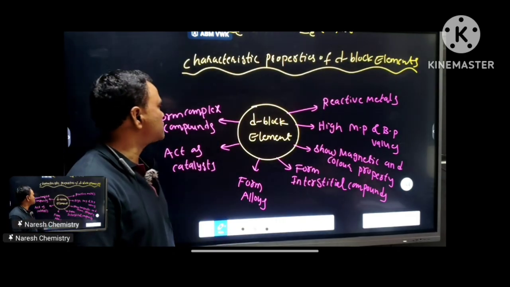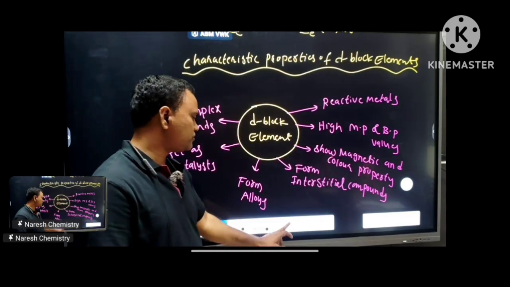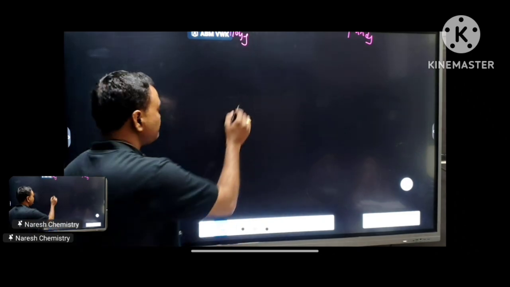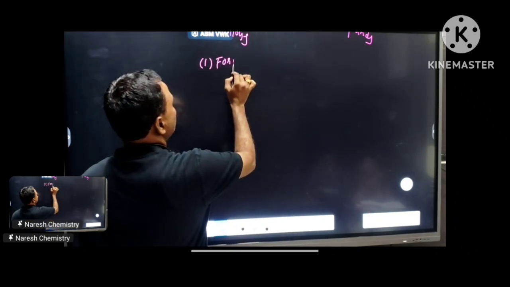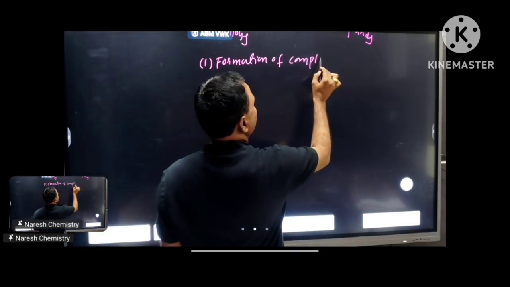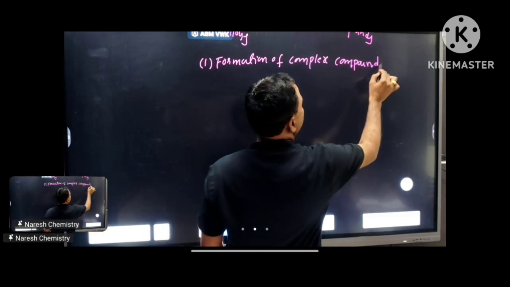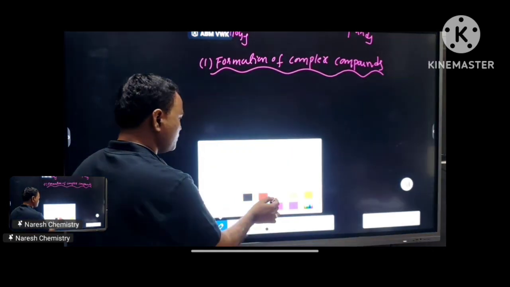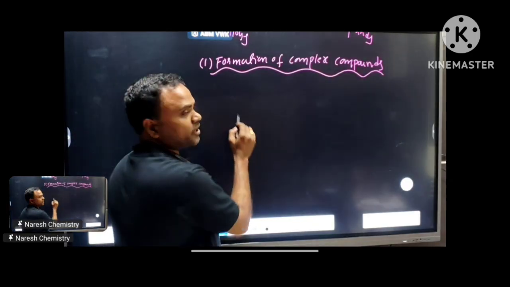Coming to the first one, complex compounds. Why do d block elements form complex compounds? What are the reasons? Online students, tell me why d block elements form complex compounds.